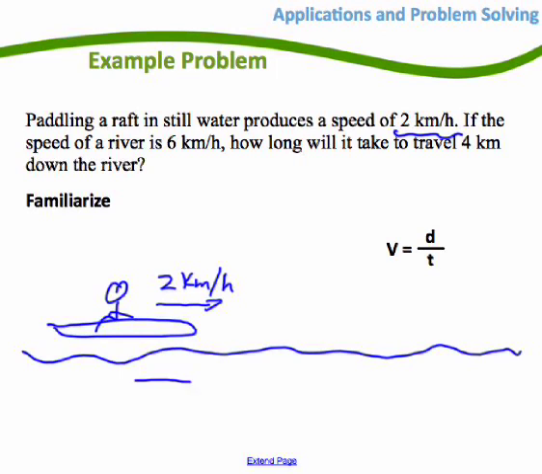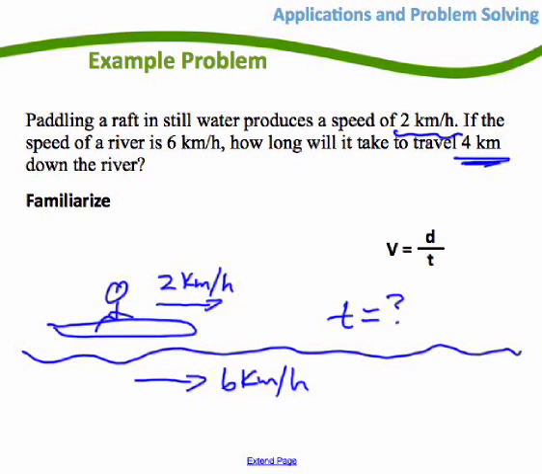So the river down here is going 6 kilometers per hour. I'm glad I'm not paddling upstream. I'm glad I'm paddling downstream. Okay, and then it says how long, so I want to know the time, will it take me to go a distance of 4 kilometers?